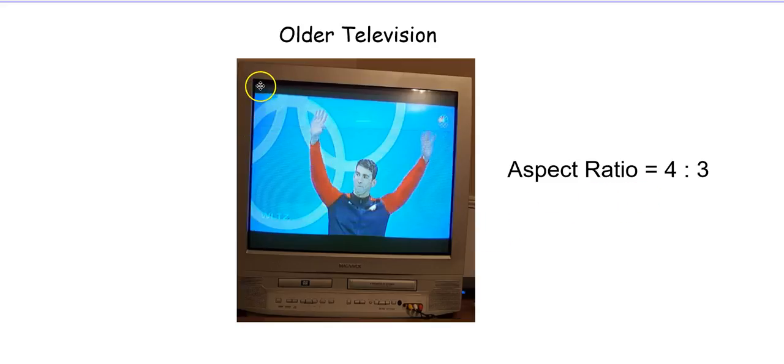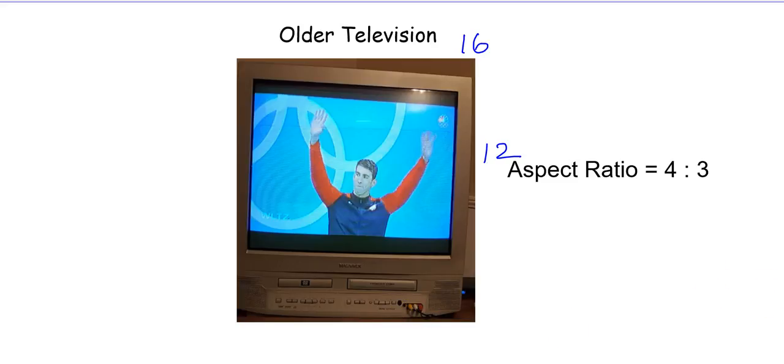Suppose the width of the screen is 16 inches, its corresponding height is going to be, 4 times 4 is 16, so 3 times 4, that is 12 inches, is the corresponding height. That's how this particular screen is made.